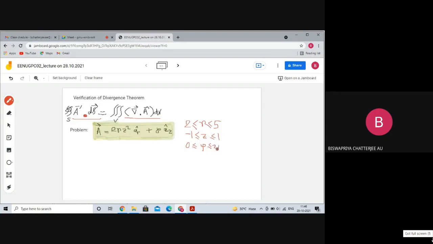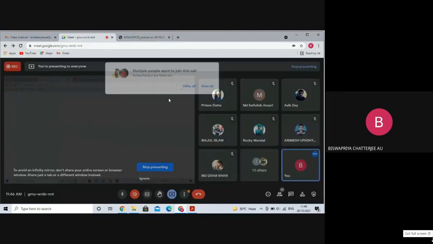This is the range of the surface, where r varies from 2 to 5, z varies from -1 to 1, and phi varies from 0 to 2 pi.